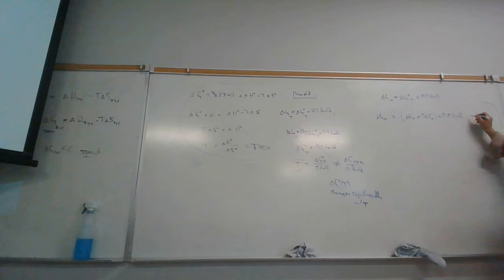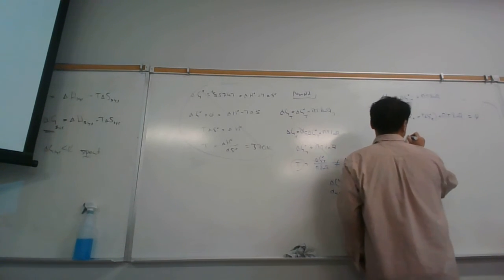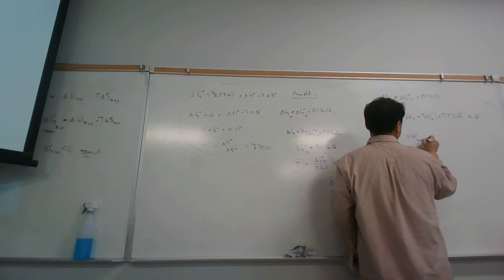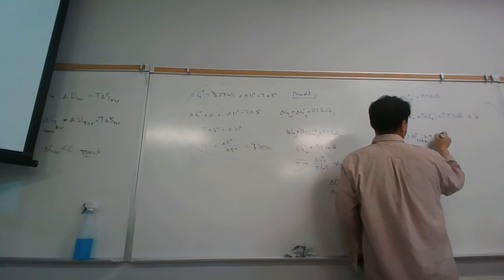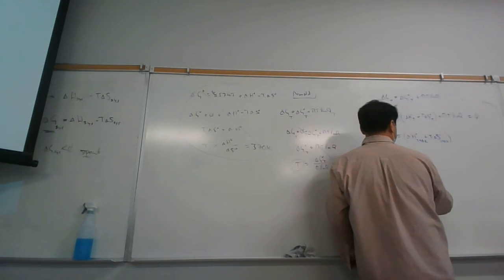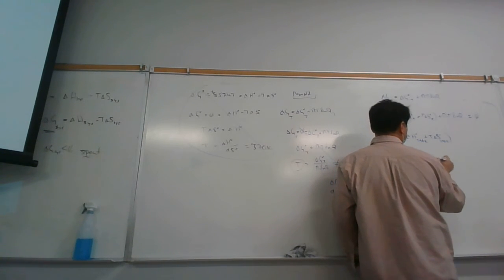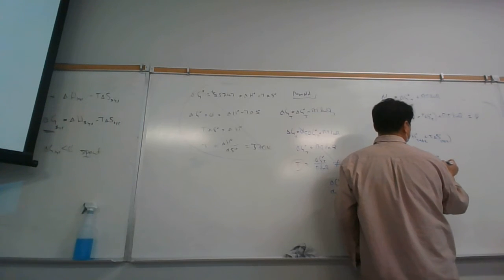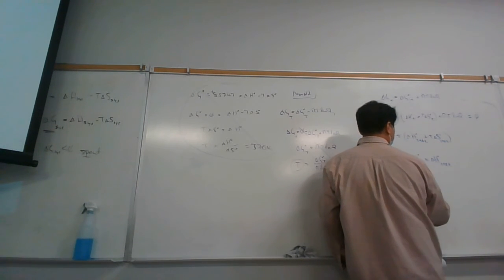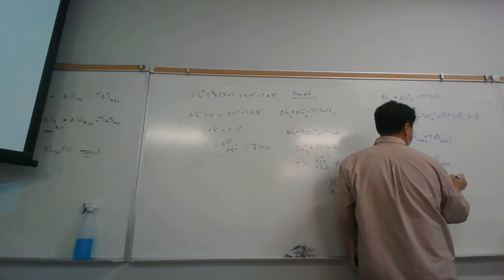So what we're going to do is set this equal to 0 here. And this is going to be about equal to delta H naught at 298 Kelvin minus T delta S naught at 298 Kelvin. And so delta H naught at temperature T is approximately equal to delta H naught at 298 Kelvin, and delta S naught at temperature T is approximately equal to delta S naught at 298 Kelvin.